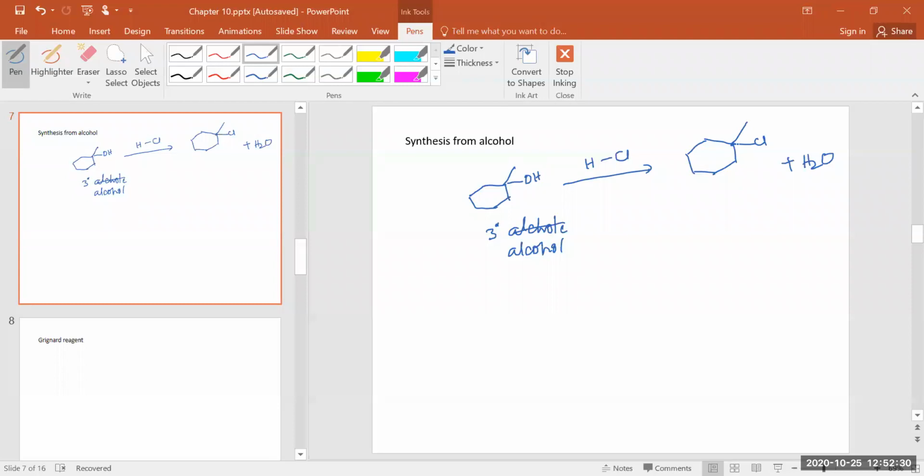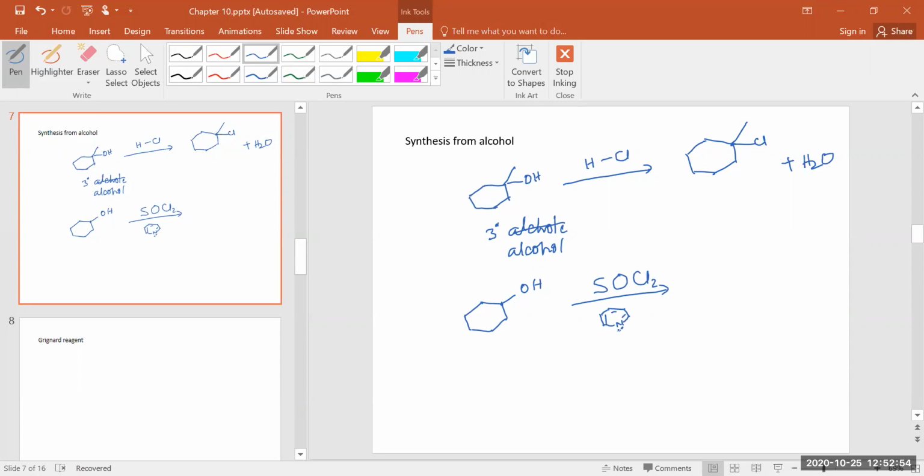In that case, if you have a secondary alcohol here, OH, it is easily chlorinated by using a reagent called thionyl chloride. Remember, thionyl chloride and a base, pyridine. We'll talk about the mechanism in the next chapter, okay?